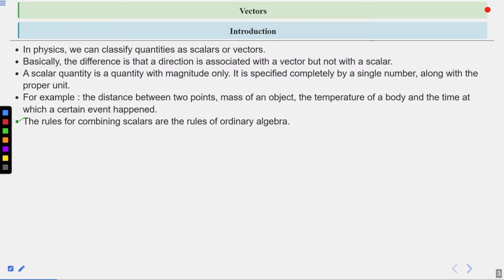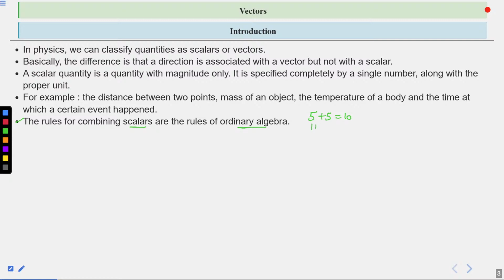The rules for combining scalars are the rules of ordinary algebra. To combine two scalar quantities, we will use simple ordinary algebra. How? Suppose we have two quantities, 5 plus 5. So it will be 10. Similarly, we can add two scalar quantities along with their proper unit.